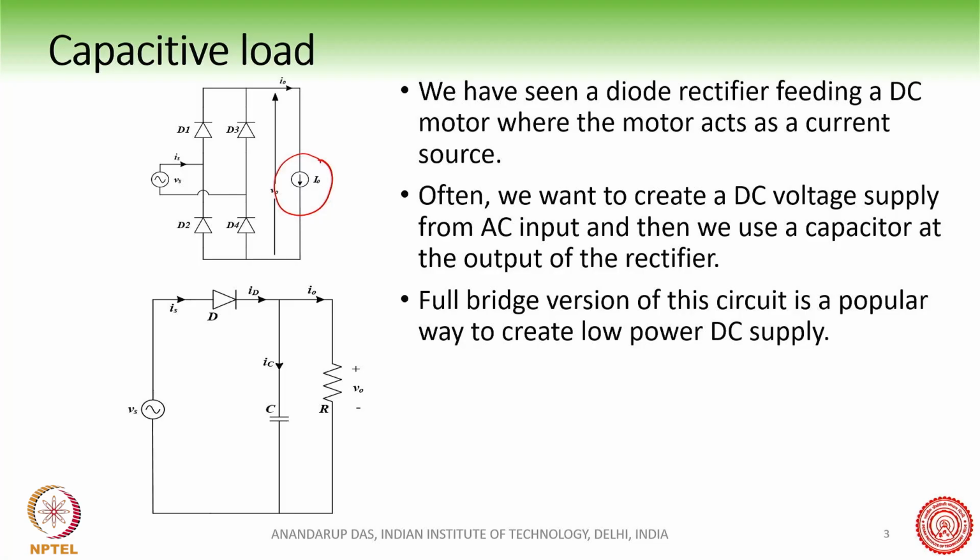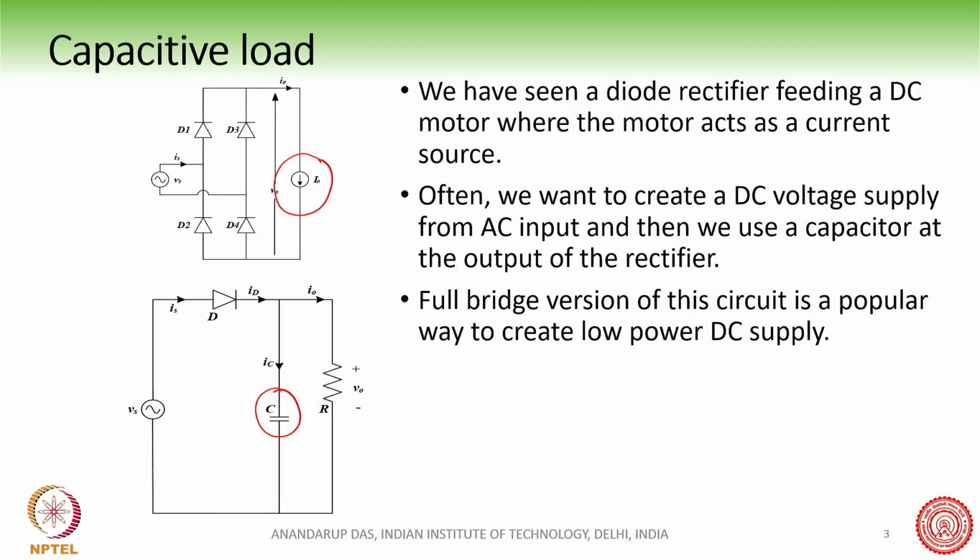But in this lecture, we will take up another application where the load is a capacitive load with a resistance, which is basically used for making a DC voltage source. So instead of a constant current load, we will see how the diode rectifier behaves when there is a capacitive load at the output.